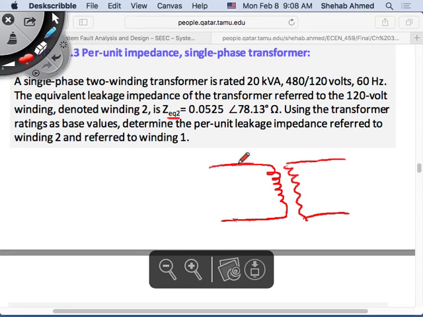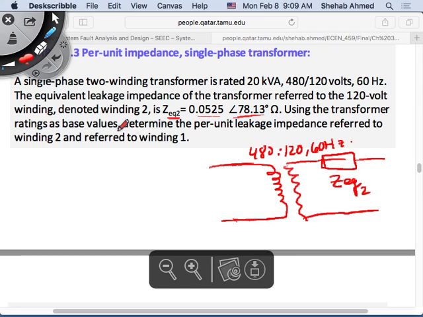So I took all the impedance on my primary side and converted it to my secondary side, and I have some Z equivalent on the secondary side. Z equivalent 2 is equal to 0.525 angle blah blah blah, right? So this is my impedance. This is a 480 volts transformer to 120 volts transformer, 60 hertz.